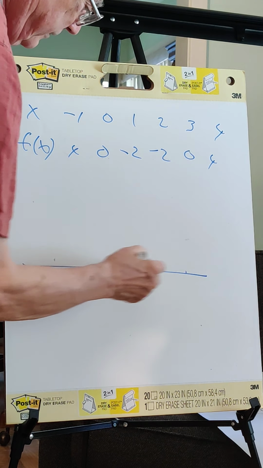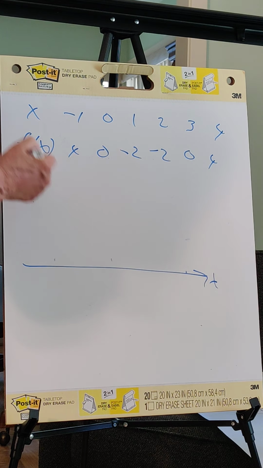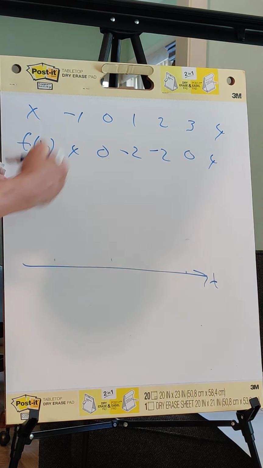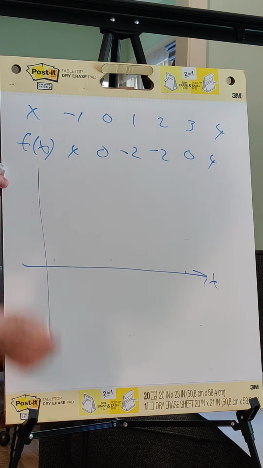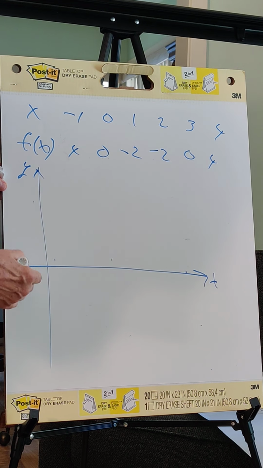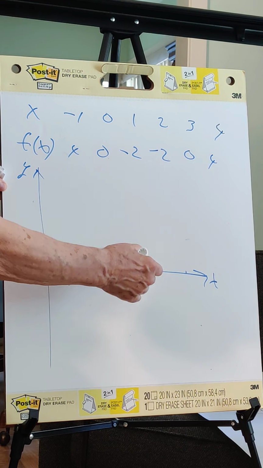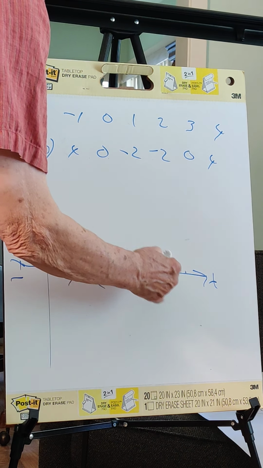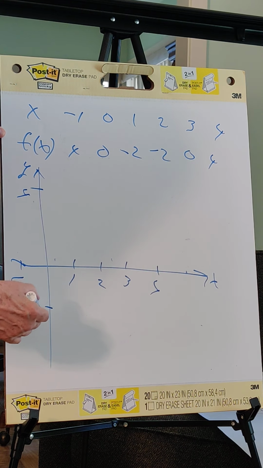So here's the x-axis. Here's the y-axis. I'm going to size things so that this data will fit conveniently. So we're going to go from -1 to 4. So here's 4 on the y-axis. Here's 0, here's -2.